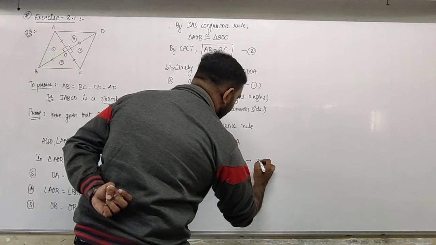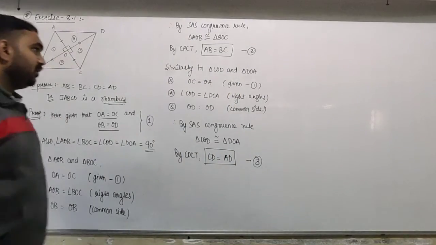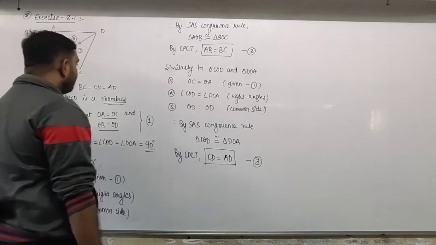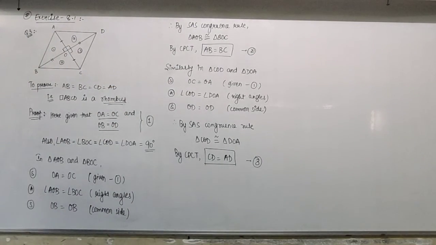That is 3. તો AB equals to BC પ્રૂવ કર્યું, CD equals to DA પ્રૂવ કરી દીધું, રાઈટ?